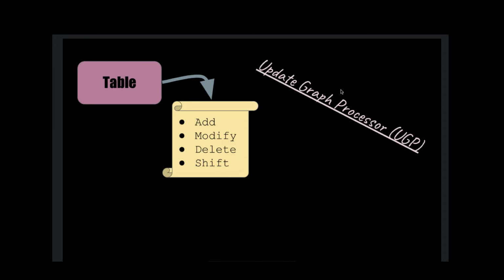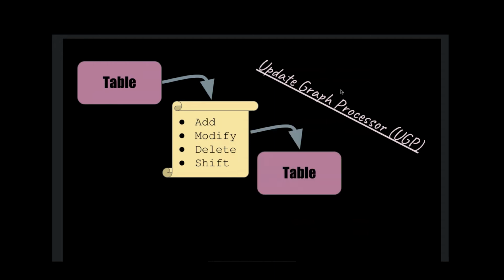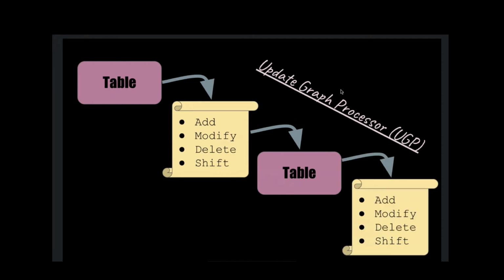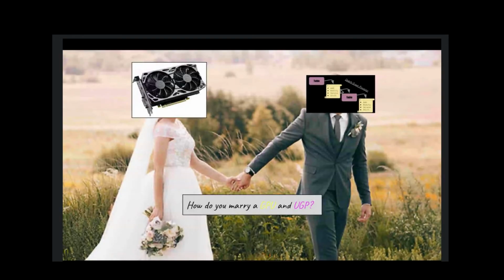That message then goes to the next table for it to update its state, which then results in changes that it sends down the line. The update graph processor manages the calculation of these updates and propagating them through the directed acyclic graph. So the question we have is, how do you marry a GPU and an update graph processor together? And that's really what Deephaven Learn is doing.